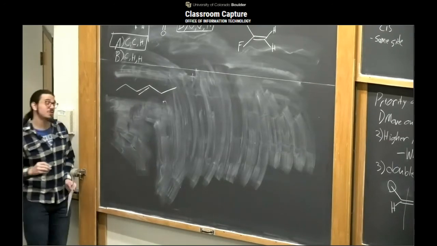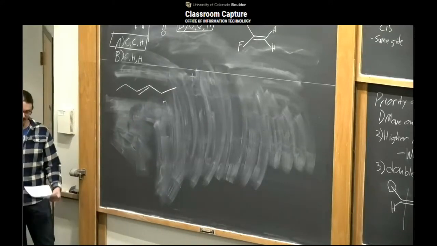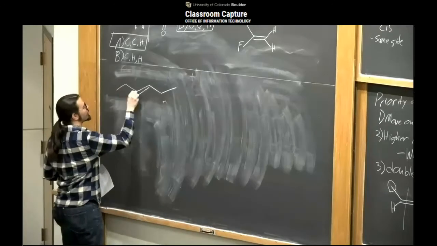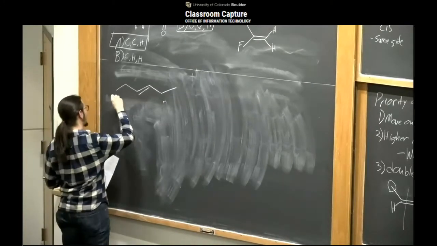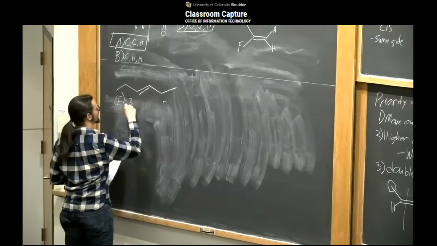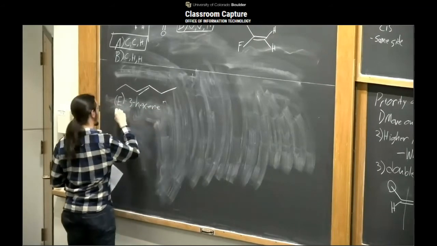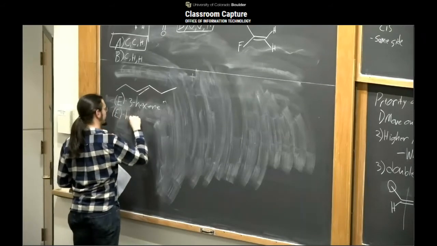E. So this one's going to be E because we have the 2 methyls on opposite sides and the hydrogens are on the opposite sides as well. And this one will be a 3-hexene because the double bond starts on carbon 3. So we would refer to this one as E3-hexene or E-hex3-ene.